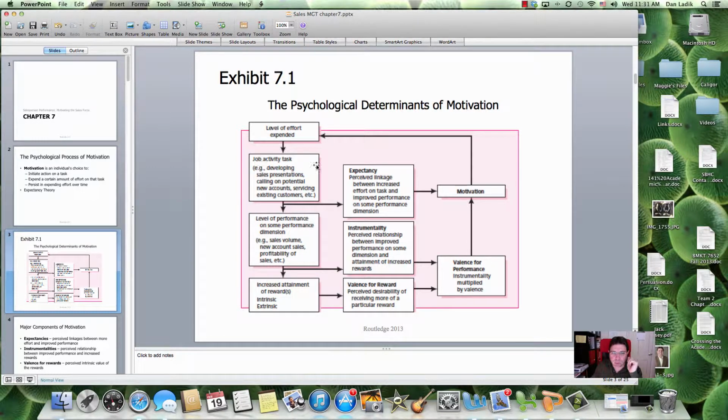We have job task, job performance, increased attainments of awards. We have intrinsic and extrinsic again. We also have another moderator here, another moderator here. These are expectancy, expectation, instrumentality, and finally valence, which is weight. These three elements, which we're going to talk about in depth, are keys.